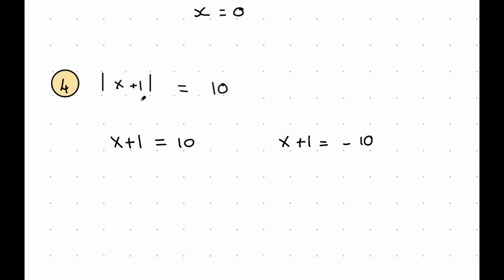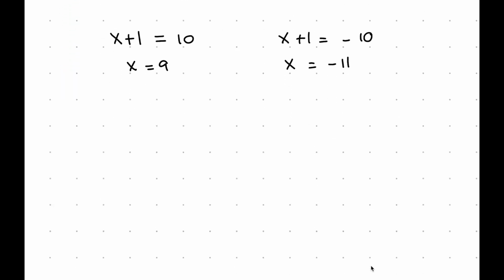Now there's a long way and a short way you can do it. This is the short way, and it's just thinking about it could be plus that or minus that, and in this scenario then I'm going to get x is equal to 9, or I'm going to get x is equal to minus 11. All I've done there is subtracted 1 from both sides.